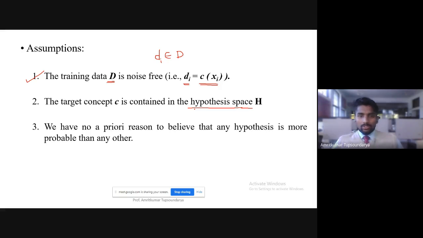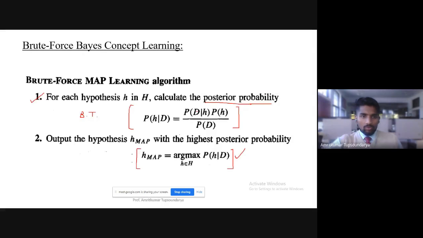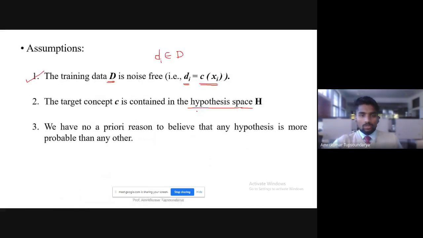There can be a probability that the target concept we are targeting may not be present in the hypothesis space. But as a matter of fact, in brute force MAP learning, the concept learning algorithm simply assumes that whatever target concept we are targeting is contained in the hypothesis space. So that is the second assumption.